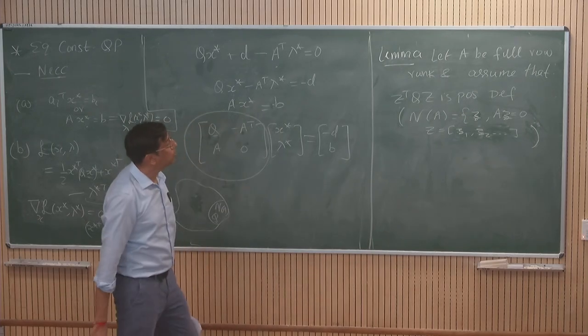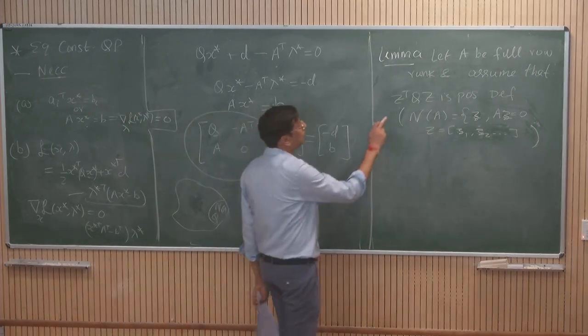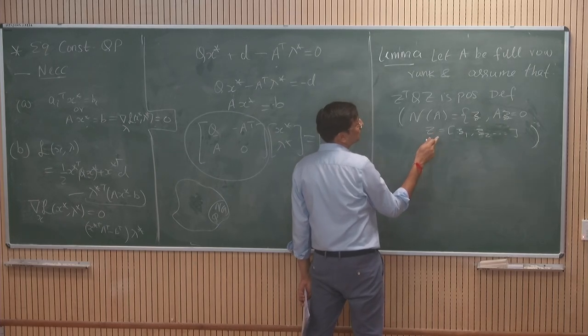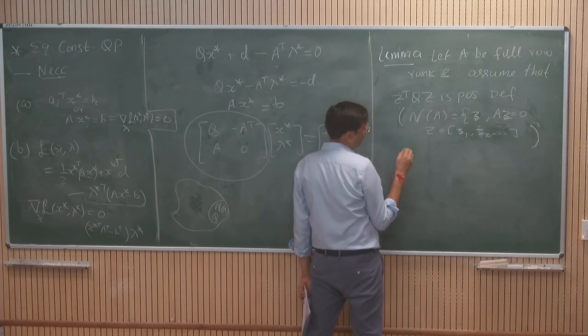So if A is full row rank and assume that Z transpose QZ is positive definite, where Z is the basis for the vectors of the null space of A.